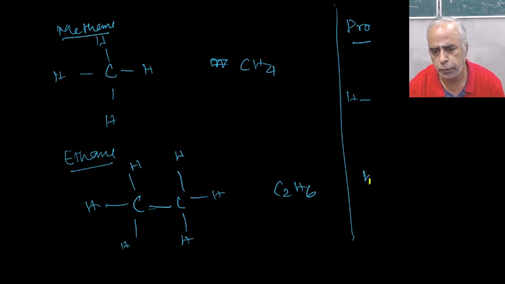Can anyone tell me for butane? What are the steps? First, write 4 carbon atoms: 1, 2, 3, 4. Then put hydrogen. In the terminal you have 3, and in the middle only 2, and again in the terminal 3.